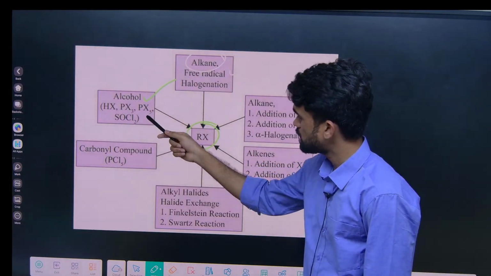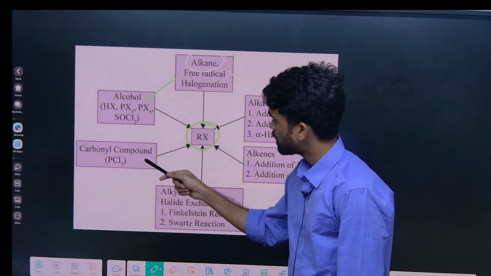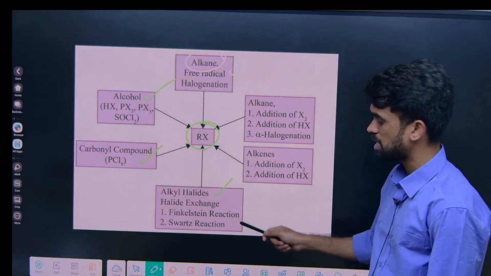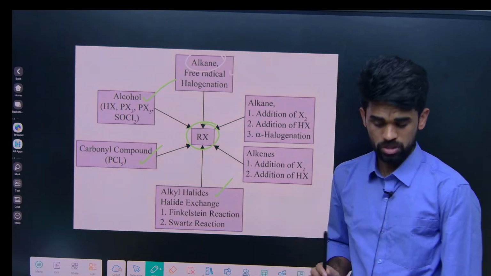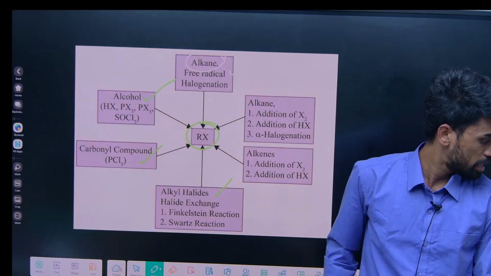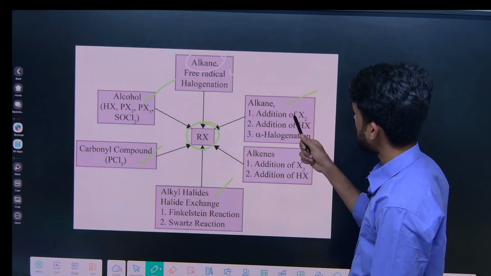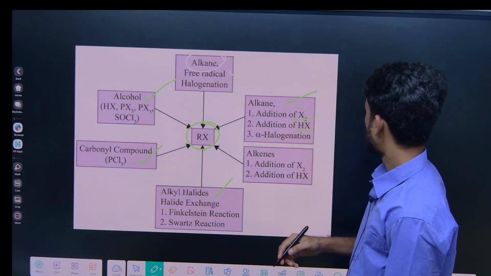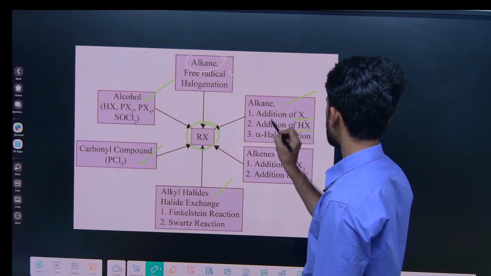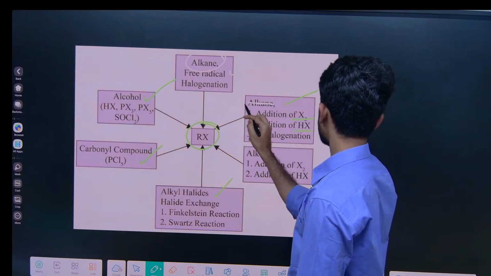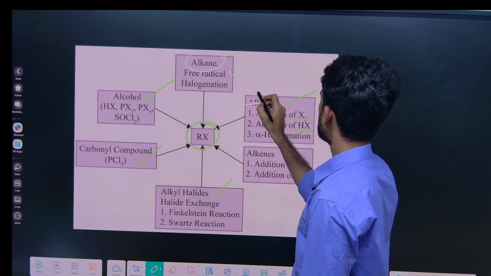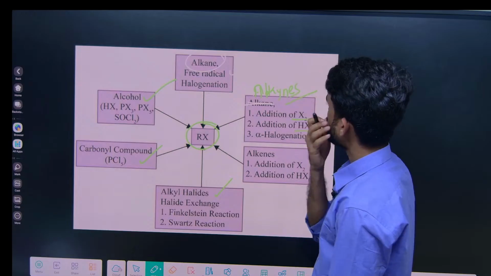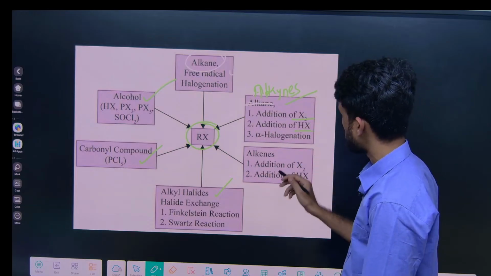Even in today's reaction discussion we did. Carbonyl compounds with PCl5 we get. From alkyl halides, the Finkelstein reaction, Swarts reaction, halogen exchange reactions we discussed, right? And the next one here, addition of X2, HX. This is from alkynes. Even from alkanes we already discussed, and this is from alkenes.